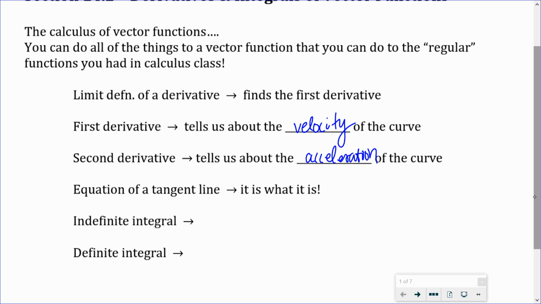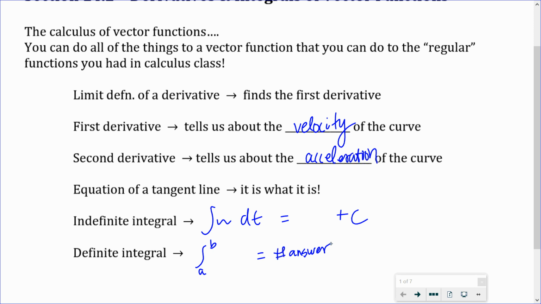All right, an indefinite integral. Indefinite means there's numbers on it or not? No. So an indefinite integral is when you have something with no numbers, you integrate, and you get something there. You can put plus c on it, right? And a definite integral has numbers on it, a and b, so you get a number answer, right?